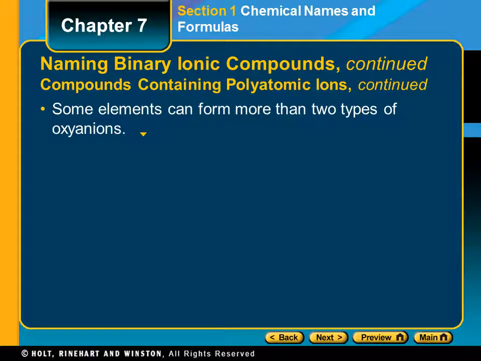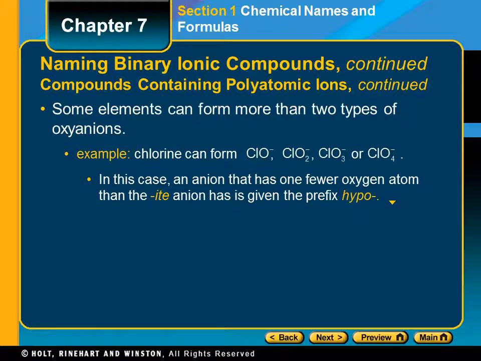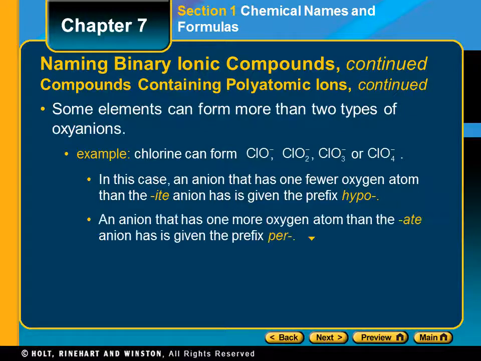And then we've got elements that can form more than 2 types of oxyanions. Chlorine, you've got ClO negative, ClO2 negative, ClO3 negative, ClO4 negative. What we do in this case, the anion that has 1 fewer oxygen atom than the ite anion is given the prefix hypo.